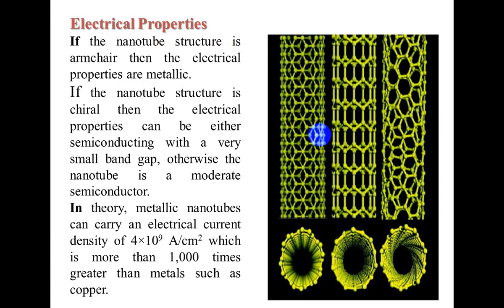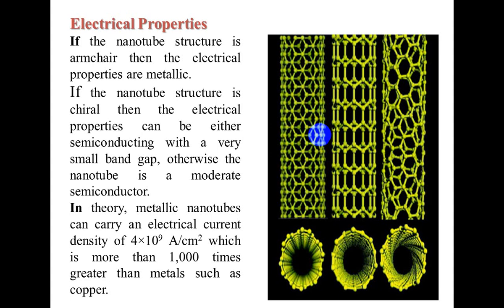Second property is the electrical property. If the nanotube structure is armchair, then the electrical properties are metallic. If the nanotube structure is chiral, then the electrical properties can be either semiconducting with a very small band gap, otherwise the nanotube is a moderate semiconductor.